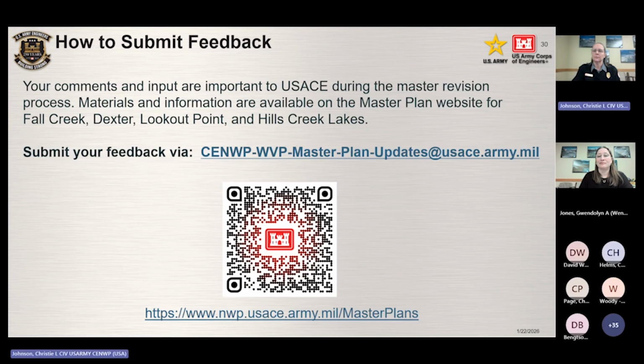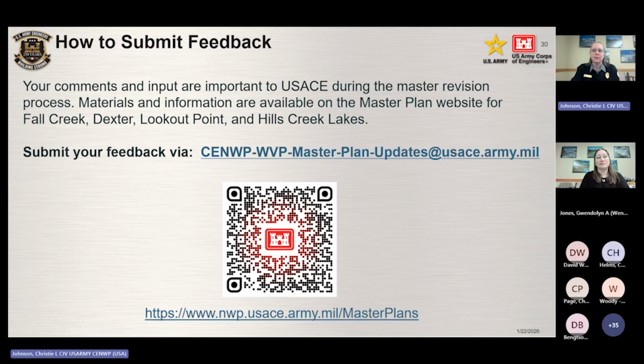And then going back up, I have a question here. Will better access points for paddle sports be considered, i.e. not having to use motorized boat ramps? Yeah, that's a really great suggestion. We actually had that suggestion on one of our other master plans for Foster Lake. And so something to consider would maybe be creating a designated launching area for paddle sports.